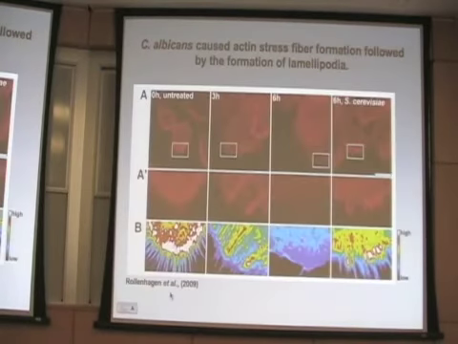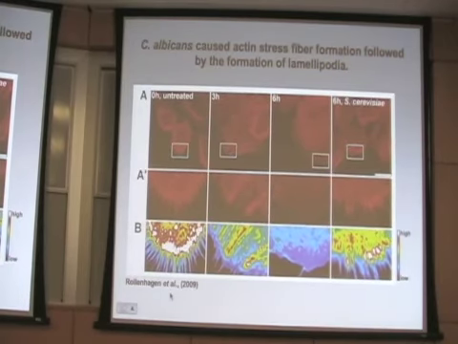So the next thing we did, we looked more closely at the actin filament system itself, because obviously there are some changes going on that are triggered by the presence of this fungus. So we fixed and stained cells with rhodamine phalloidin at defined time intervals.